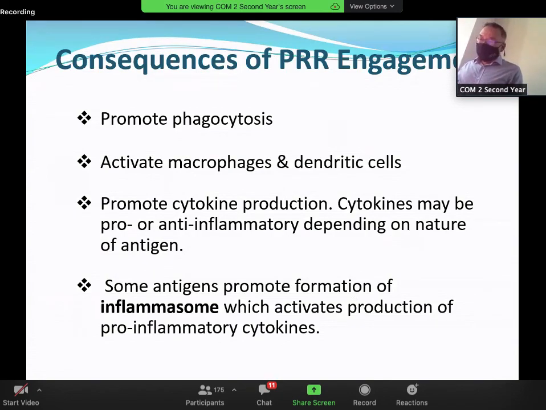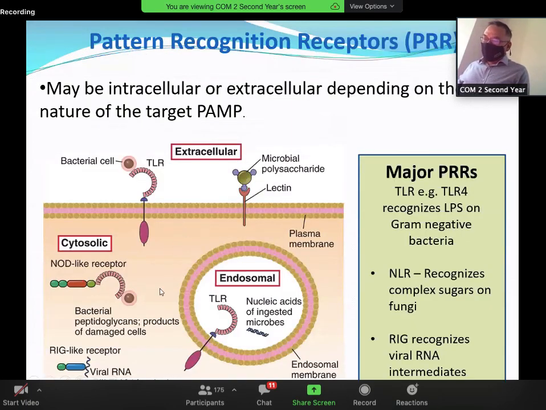Another effect, or the result of PRR engagement, concerns this particular group of receptors, the nod-like receptors. Now, there are certain enzymes in the body which are synthesized but remain in the cells as latent forms.